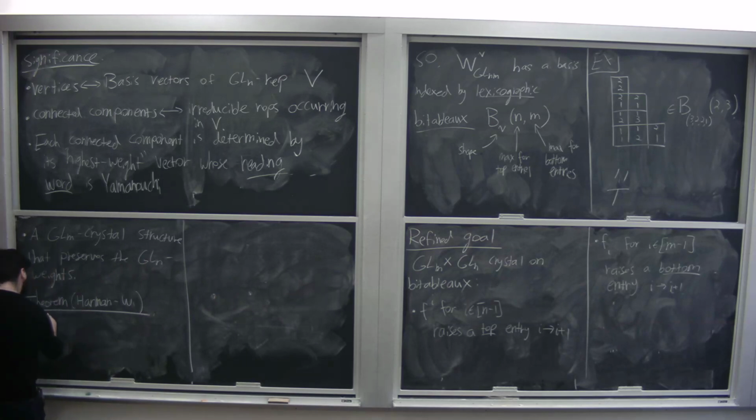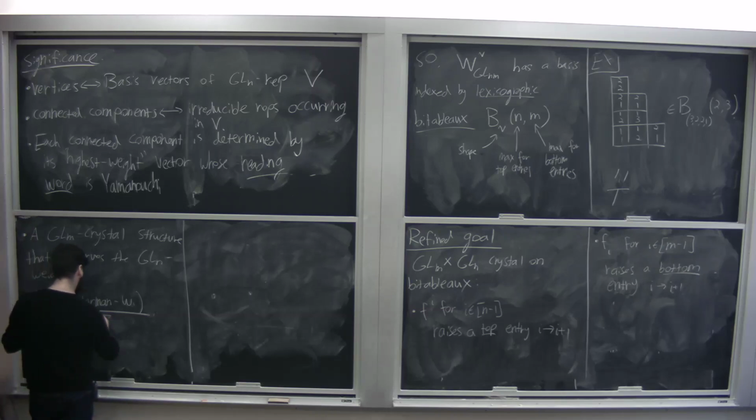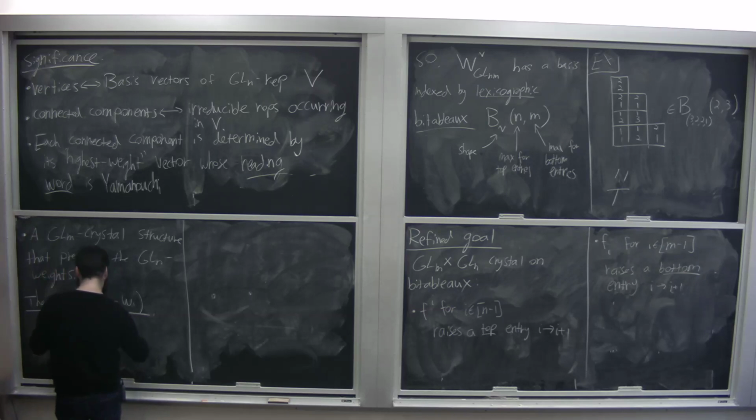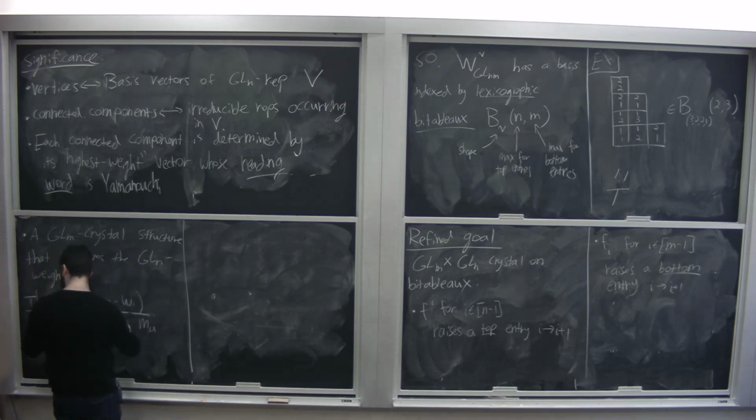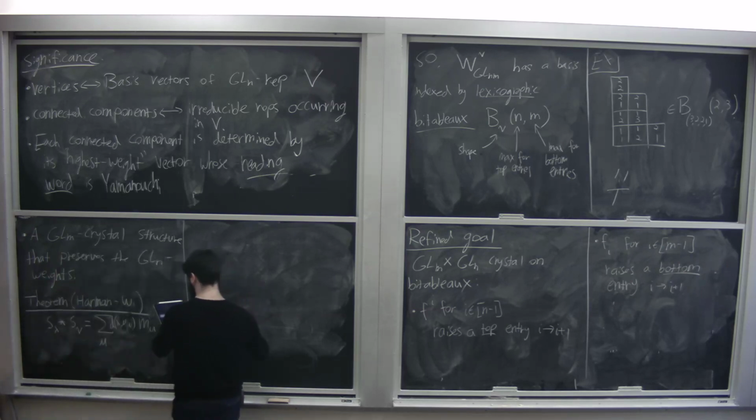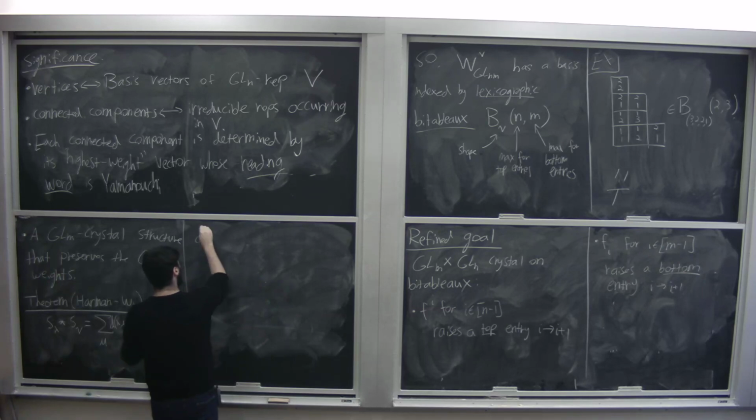Which is that if you want to take the Kronecker product of Schur functions, S lambda and S nu, and expand it in the monomial basis, let's say d lambda mu nu, you can describe this in terms of bitableau.